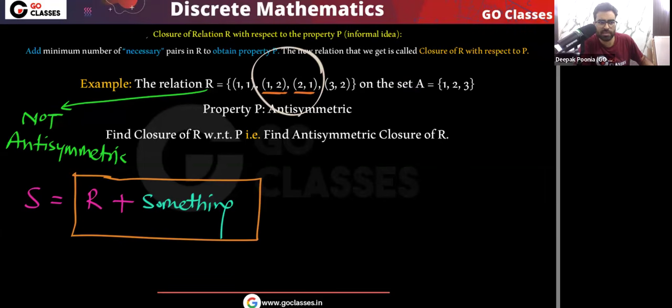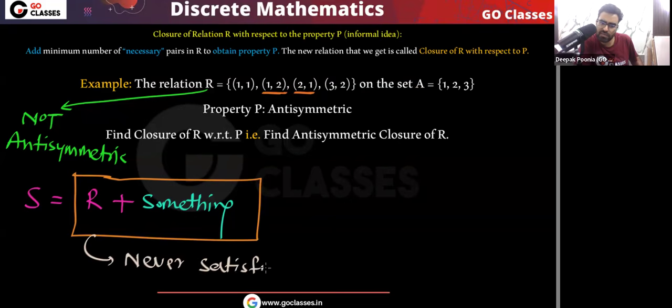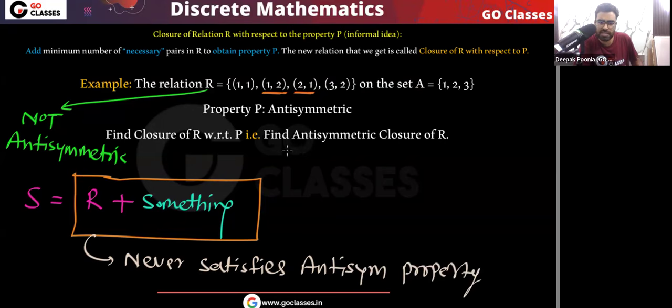This is the violation of the anti-symmetric property. So R plus something will never satisfy the anti-symmetric property. Finally I can say the anti-symmetric closure of R does not exist. The answer is does not exist.